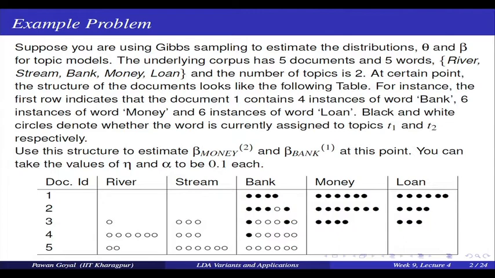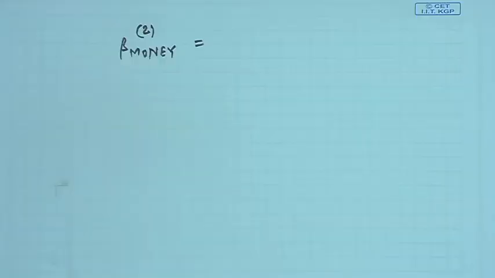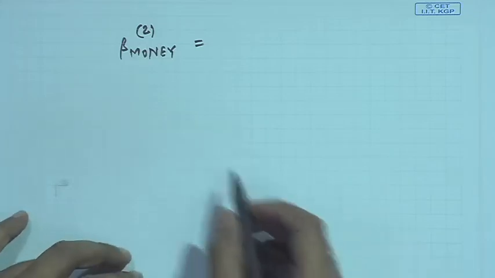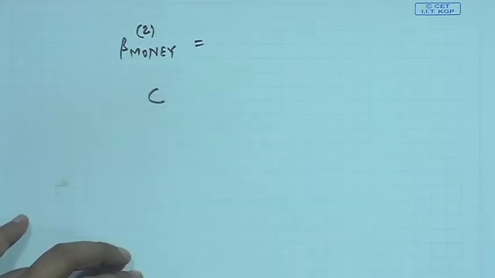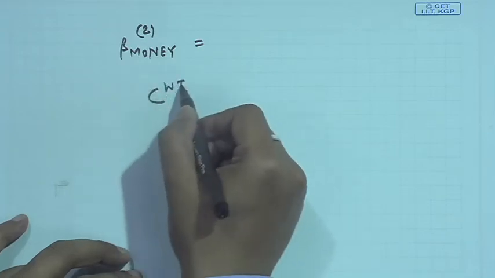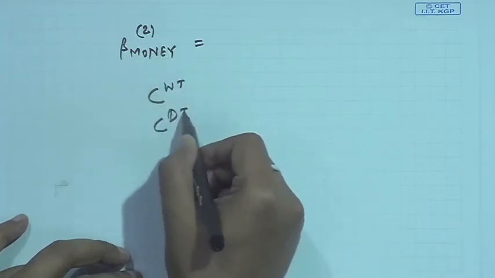Now, if you remember the formula, how do you compute beta money? For that, you will need to use your matrices. Remember you consider 2 matrices, C WT and C DT.